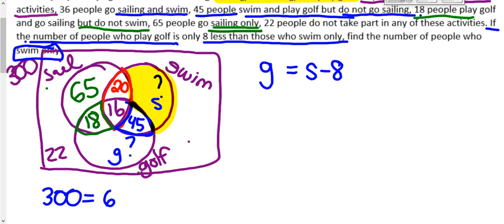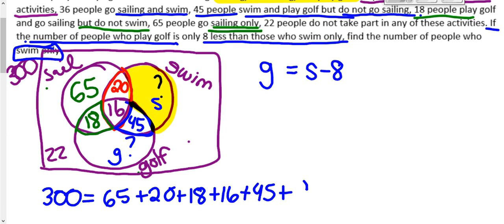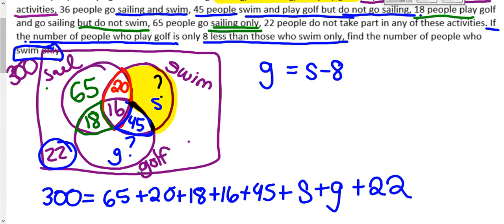We have 65 plus 20 plus 18 plus 16 plus 45 plus the swimming, we don't know what that is, plus the golf, don't know what that is either, plus we have 22 on the outside. So we're adding all those up. What we want to know is swim only. Swim only is this S.